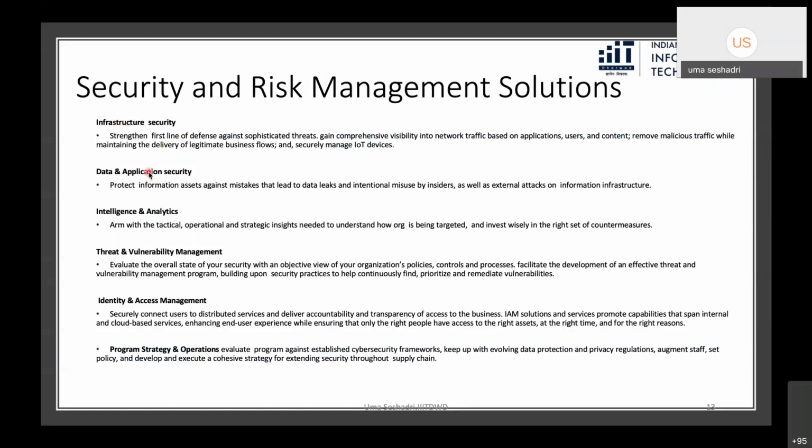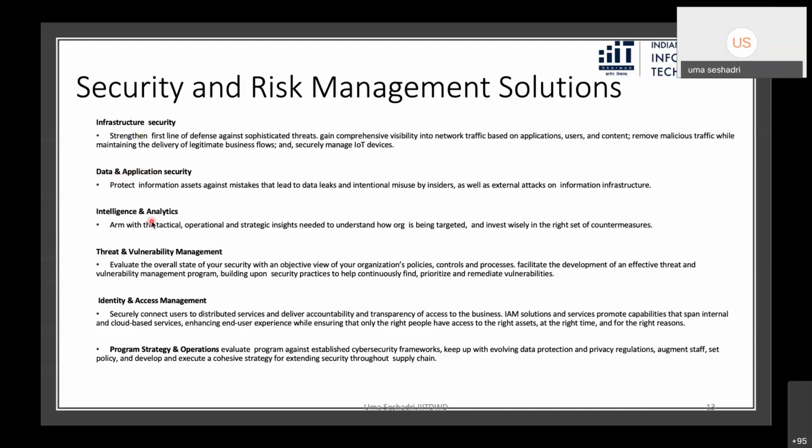Some are highly data-oriented or application-oriented organizations. They may consider the priority to be data and application security, and may not invest more in infrastructure. They may go to a cloud-based approach where they buy all the infrastructure services from the cloud, and they may have a priority to provide data and application security.